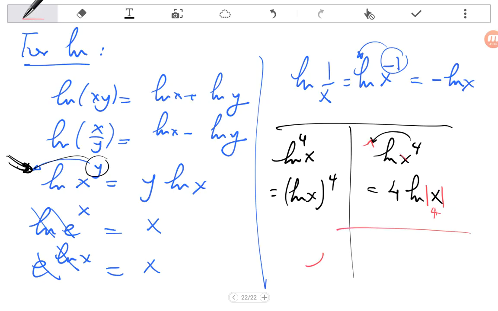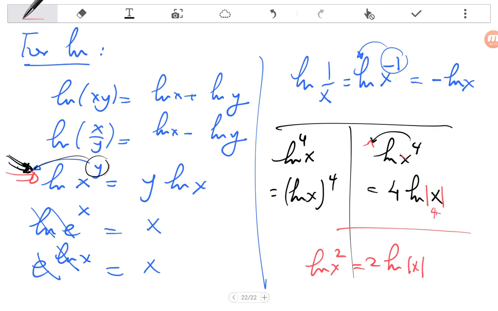So for example, ln x squared, what is ln x squared? It is 2 ln absolute of x. When you apply this rule, if that exponent is an even number, you need to put an absolute value on that x.